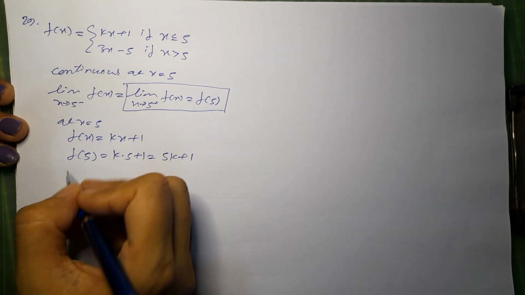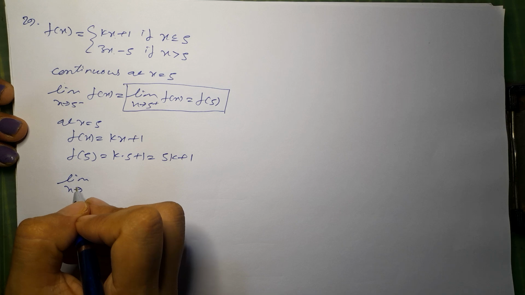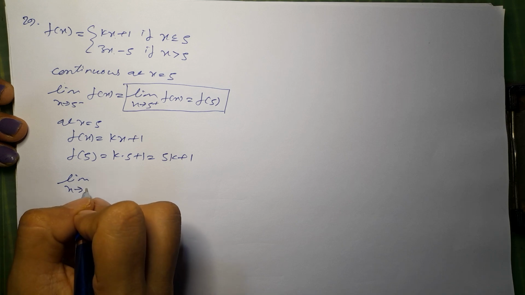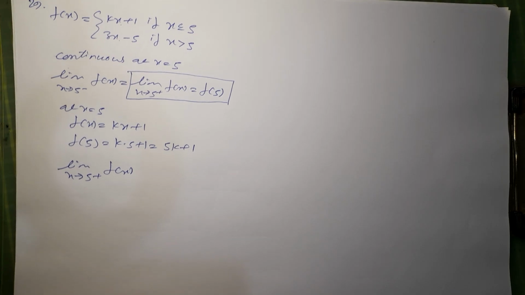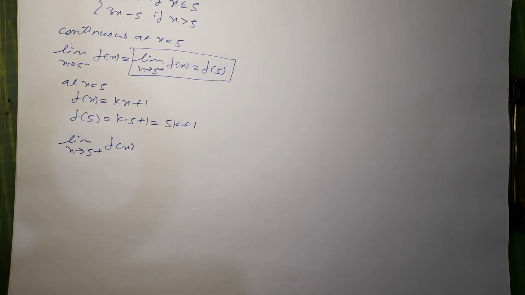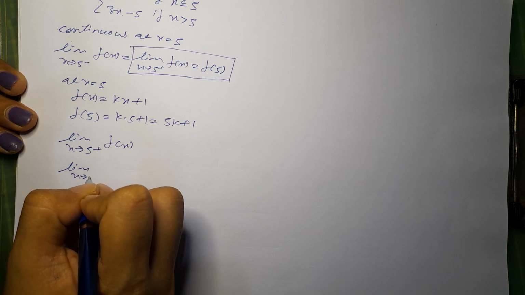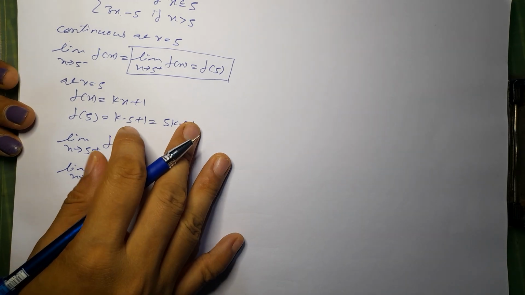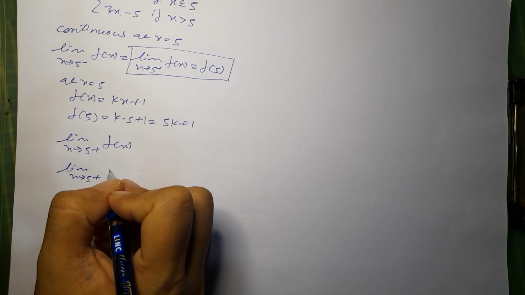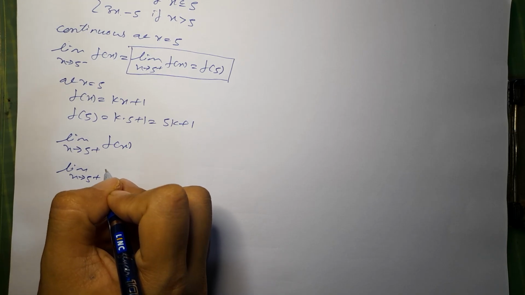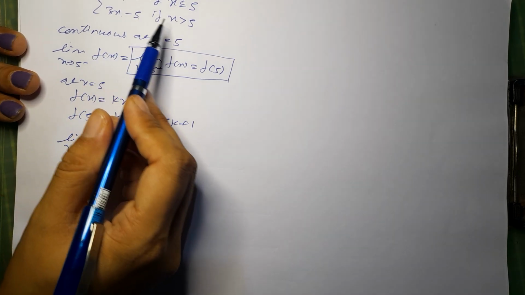Now the right hand limit, limit x tends to 5 plus f of x. We can deal without considering h, because there is no trigonometric function. Limit x tends to 5 plus, the function when it is greater than is 3x minus 5, if x is greater than 5.